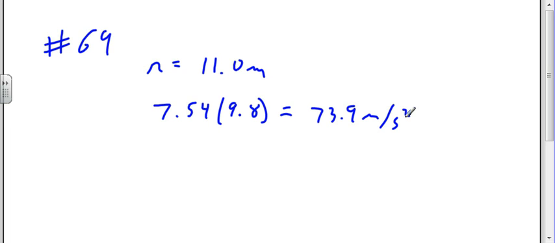Alright, so we already did this problem. It was a_r equal to v squared over r. That was the equation we used.